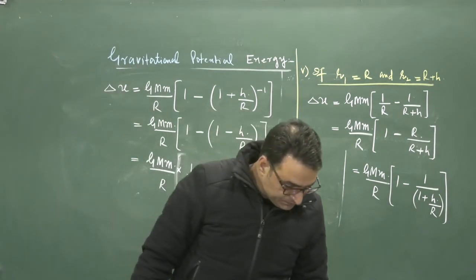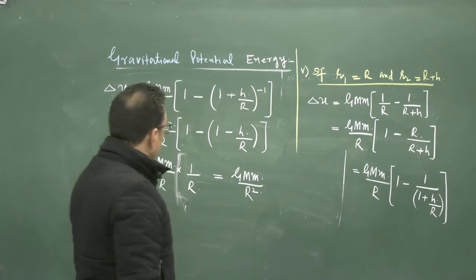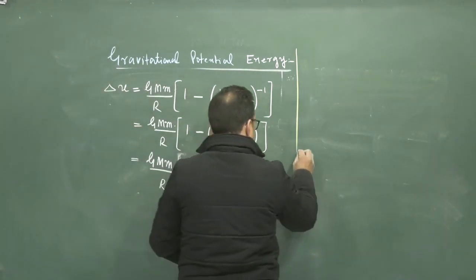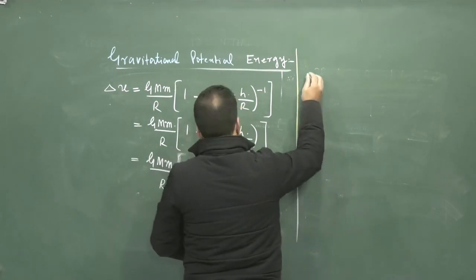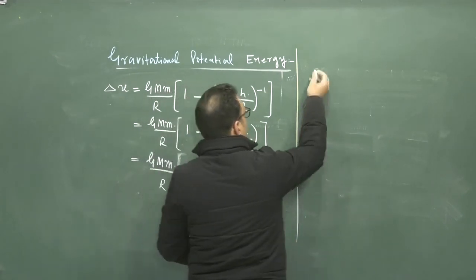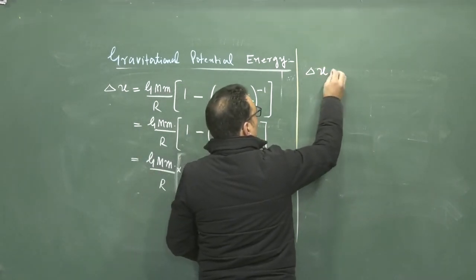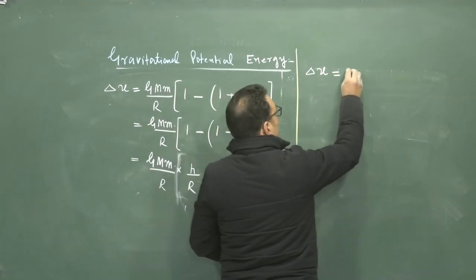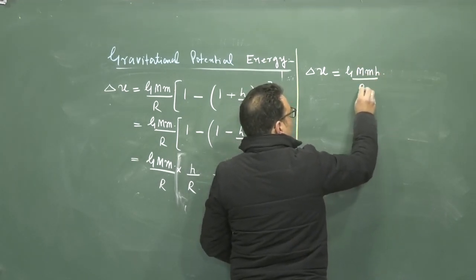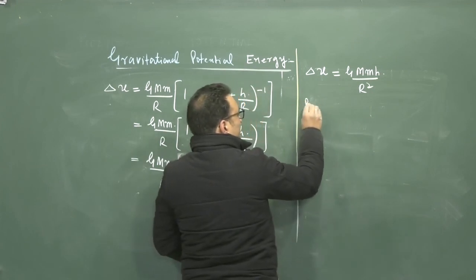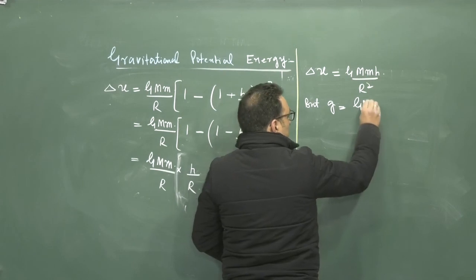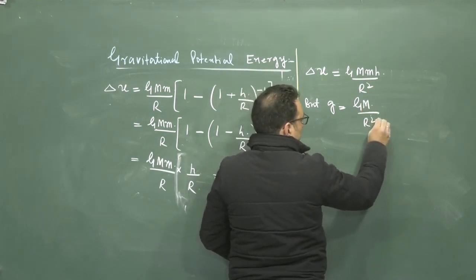This is the required result, but I will rewrite this expression as G capital M small m H by R square, and acceleration due to gravity can be written as GM by R square.